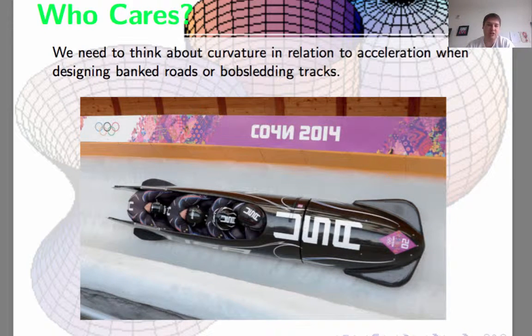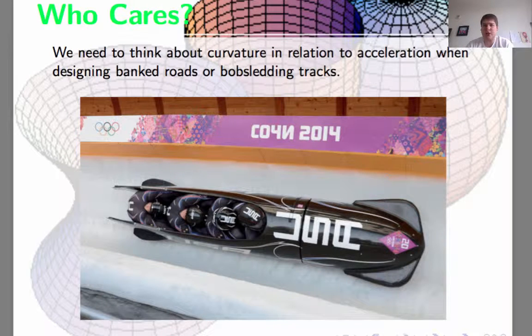I'm sure you all have seen some videos of this before, where bobsleds, back when they were built just like going down a hill, if the bank was either too steep or too low, the bobsled could just go flying off the track, which can be pretty scary for bobsledders.